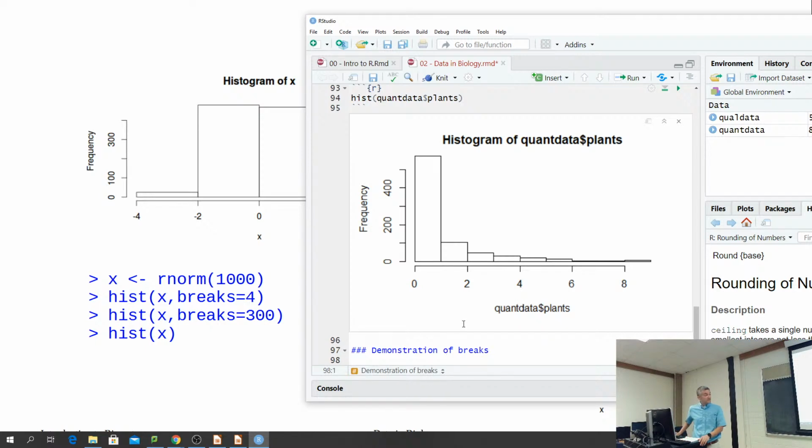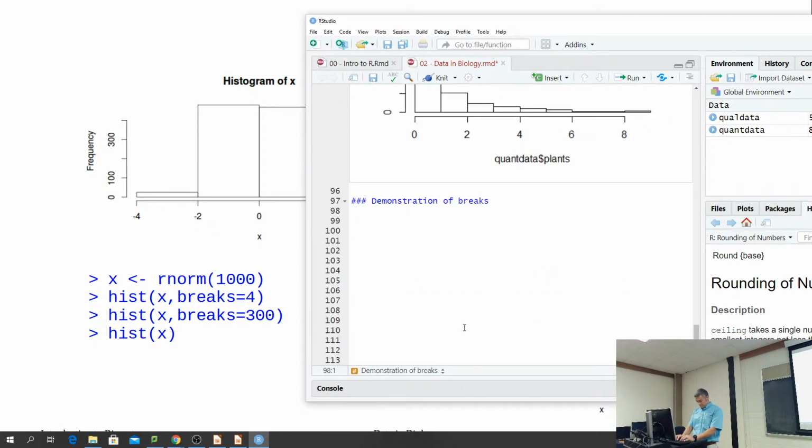All right, so this will be a demonstration of breaks. It's going to be what we will be typing in. So this section will investigate the bell curve shape of a random set of data. Okay, so first we generate our random data using the rnorm function.